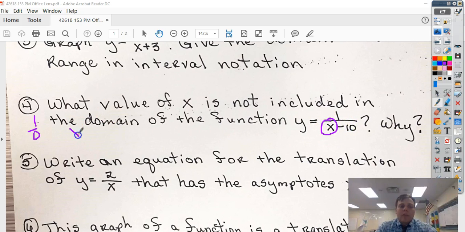I can find that by setting x minus 10 equal to 0. So I add 10. In other words, x cannot equal 10. A value of 10 is not included in the domain, because if I was to plug in a 10, I would get a 0 in the denominator, which I cannot have. Let's move on.